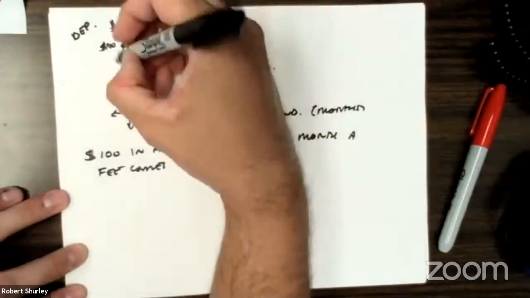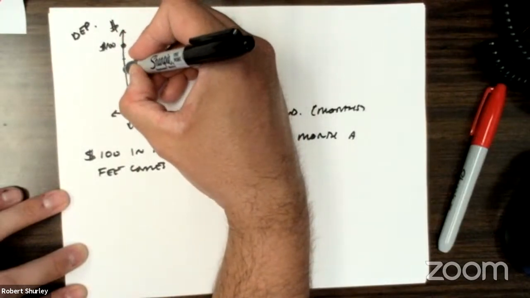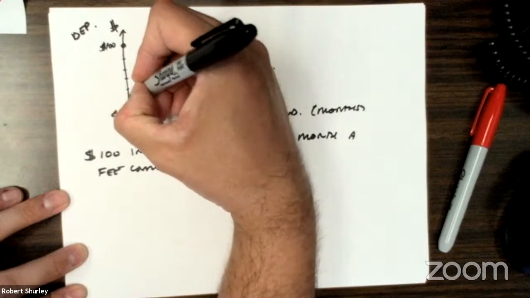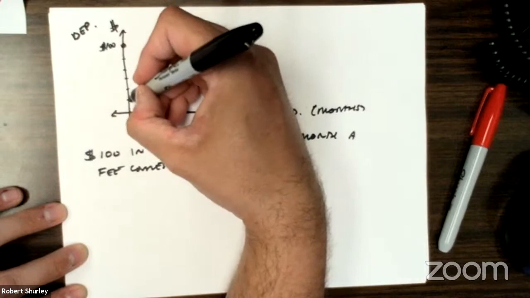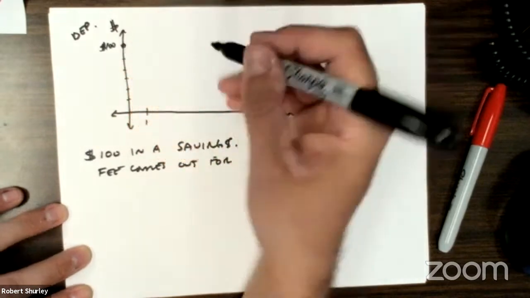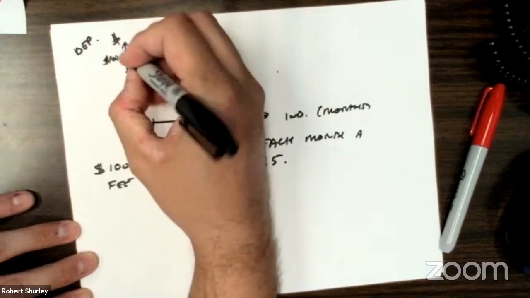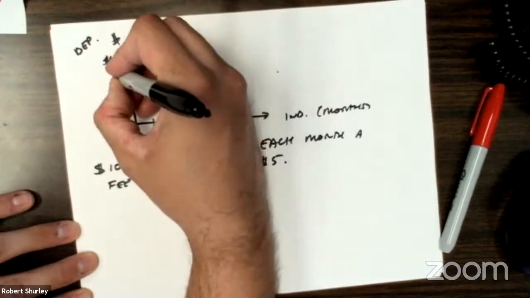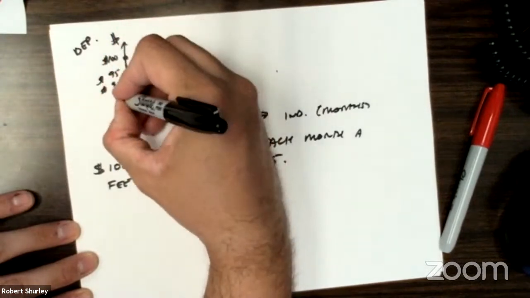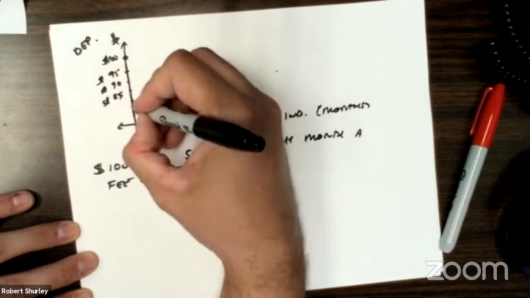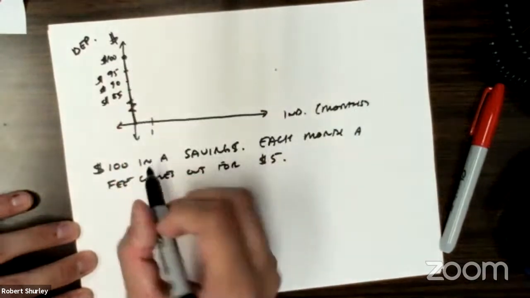We know after the first month it's going to go down $5. Oops, I think I made these in 25 units. Oh no, I really messed up the axes. Let's say these are just $5 steps. So this goes down to 95, 90, 85.